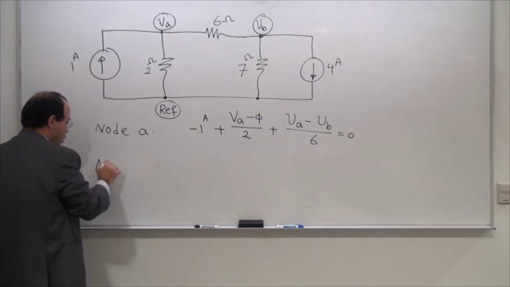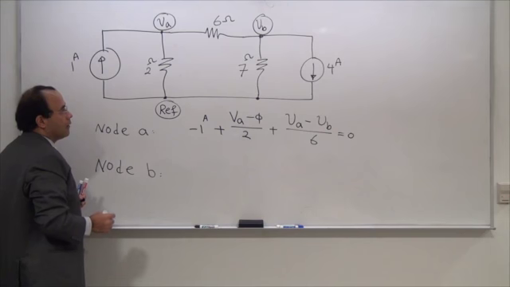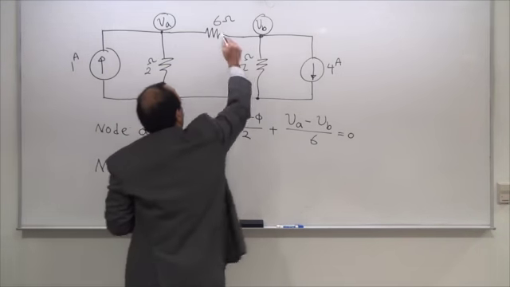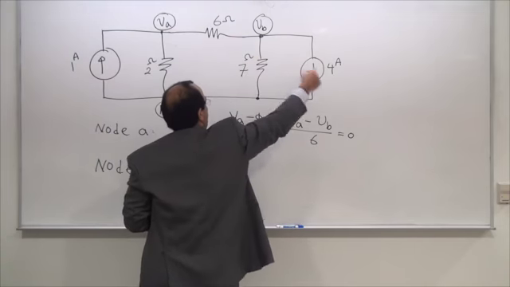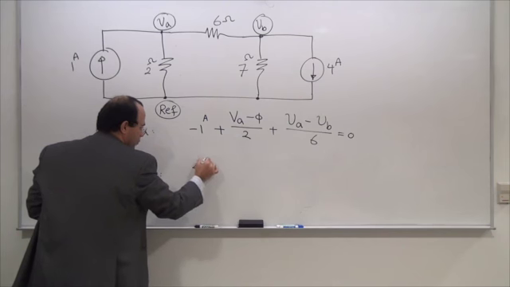So this is node B. In node B, I have 3 components and 3 terms. 4 amps is leaving the node.